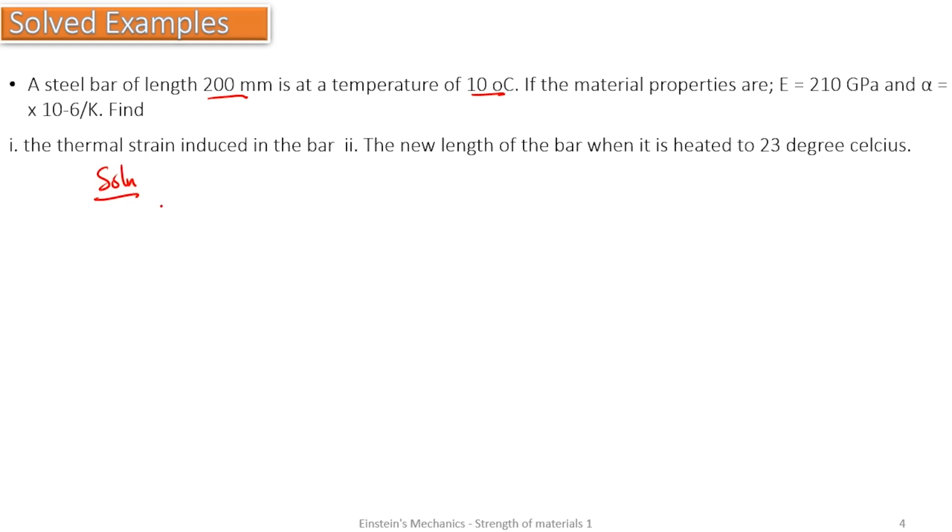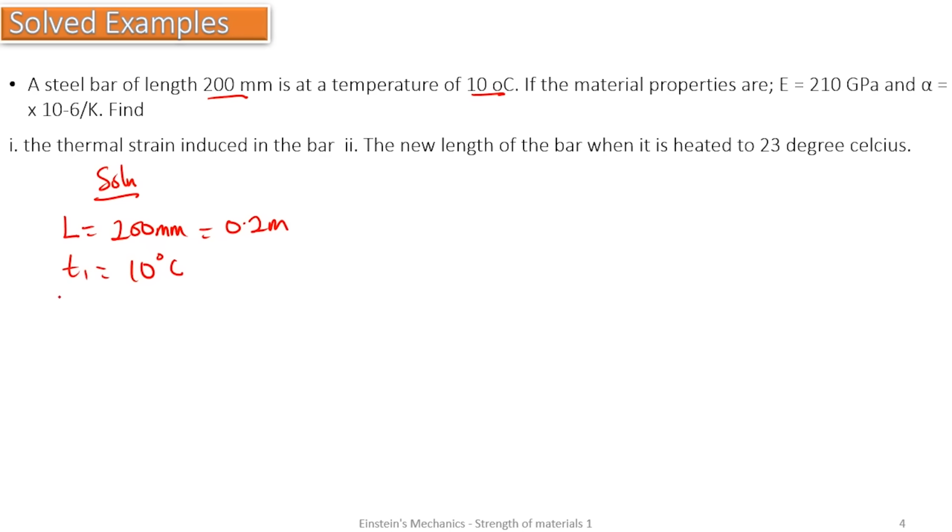So let's write down our parameters. We have the initial length L, 200 millimeters. That will be 0.2 meters. We have our initial temperature T1, and that's 10 degrees Celsius.